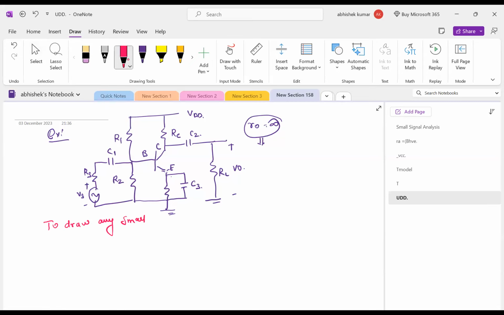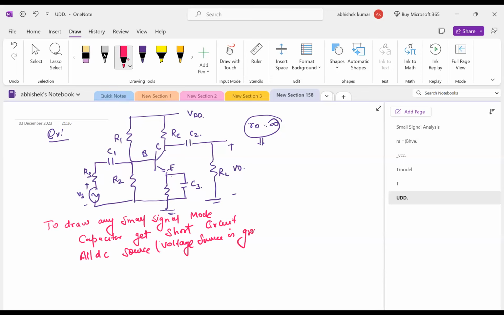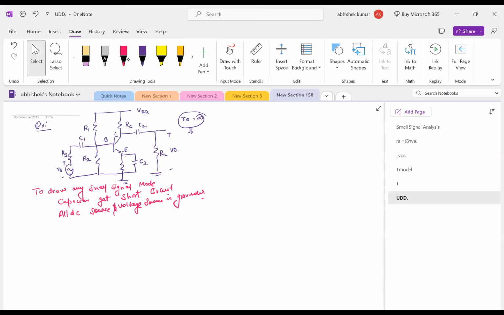Capacitors get short circuited, and all DC sources, if I'm talking about a voltage source, are grounded. Okay, I will redraw my circuit.